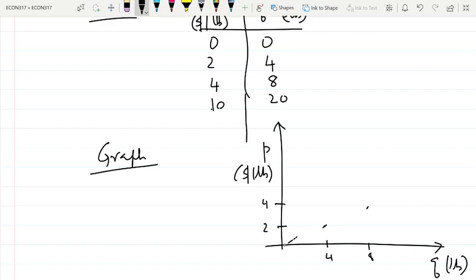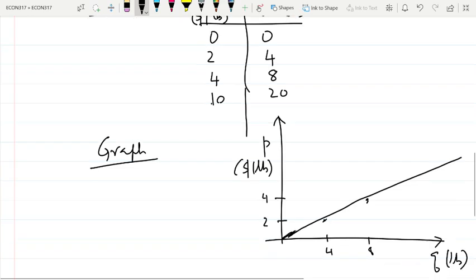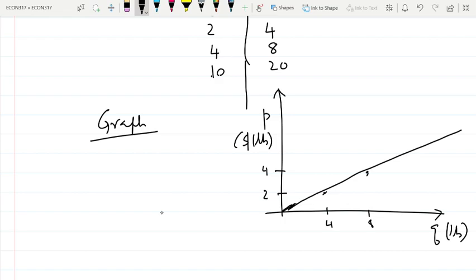This is a relationship which looks something like this. This should be a straight line. And so this is the graph of the inverse supply function.